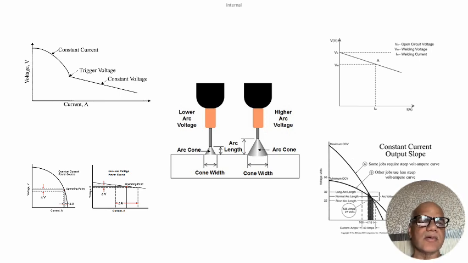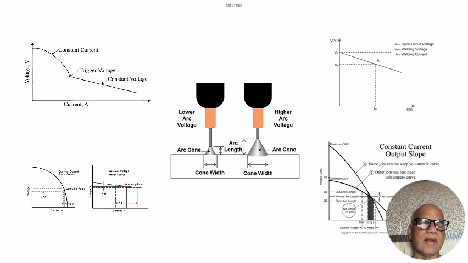First is where the current is almost remaining constant for the variation in the voltage or the arc length, and that's why the machine gives a drooping characteristics. That means the voltage drops as we try to change the current, or there is a variation in our arc length.